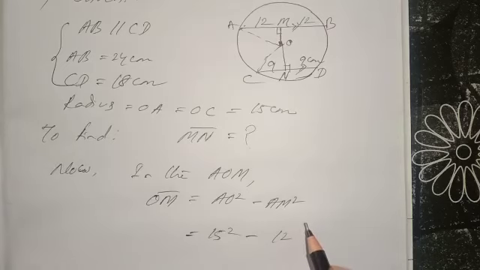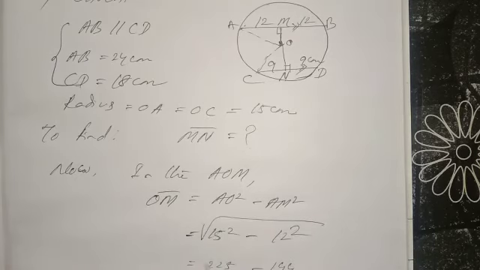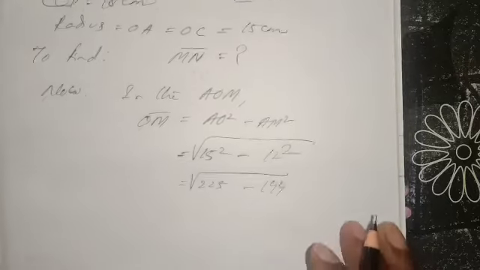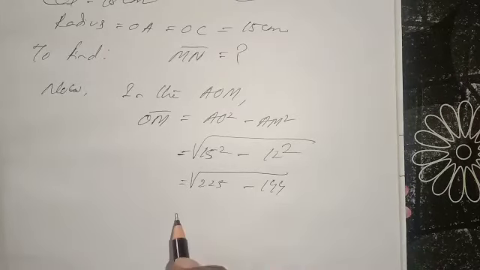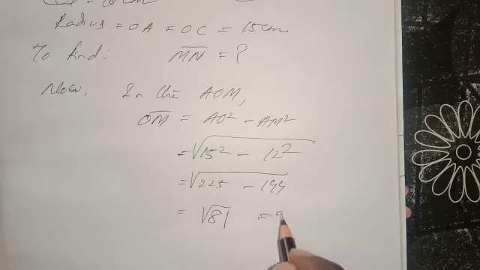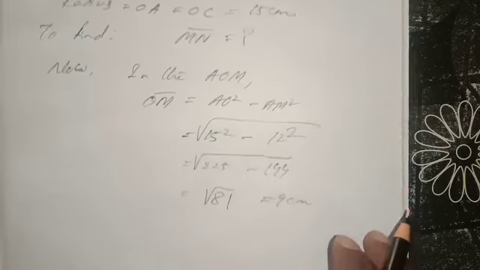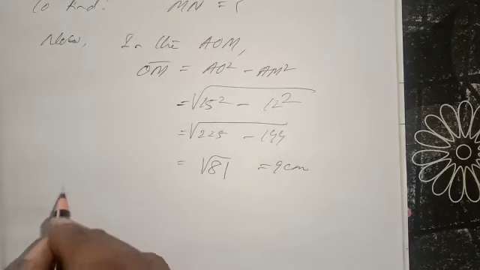Because if you draw perpendicular from center to a chord, that will bisect it. 15 whole square is how much? 225 minus 144, root over. 225 minus 144 is 81, root over is 9 centimeter. OM got 9.